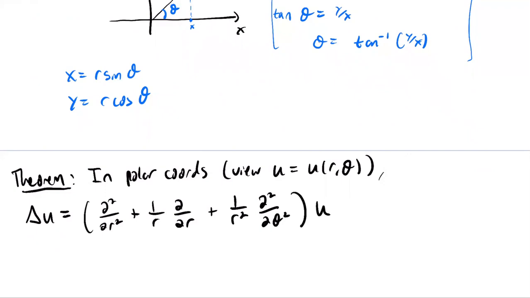Right. And so how do you prove this? Well, the argument is very similar to what we just did to prove the rotation invariance. You use this coordinate change in the chain rule, and you try to calculate what u_xx and u_yy look like in terms of these new coordinates. And then you simplify everything and you get this formula. It is a pretty lengthy calculation, so I'm going to omit it from the lecture for two reasons.